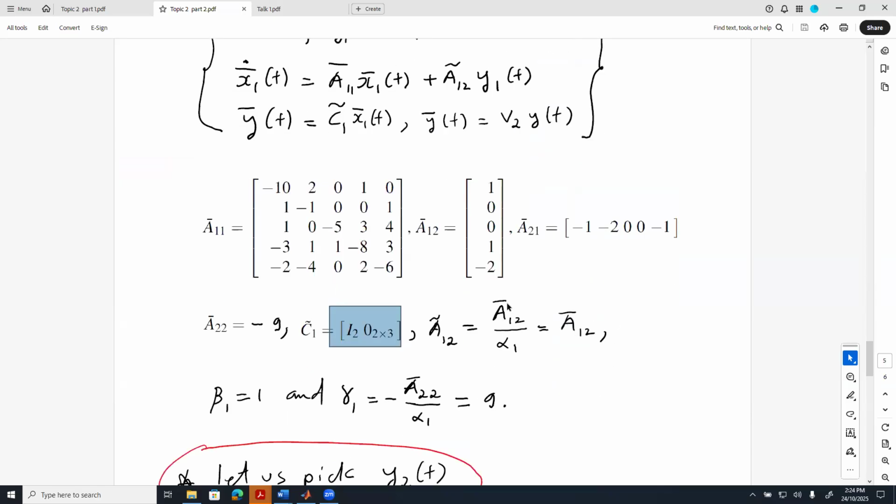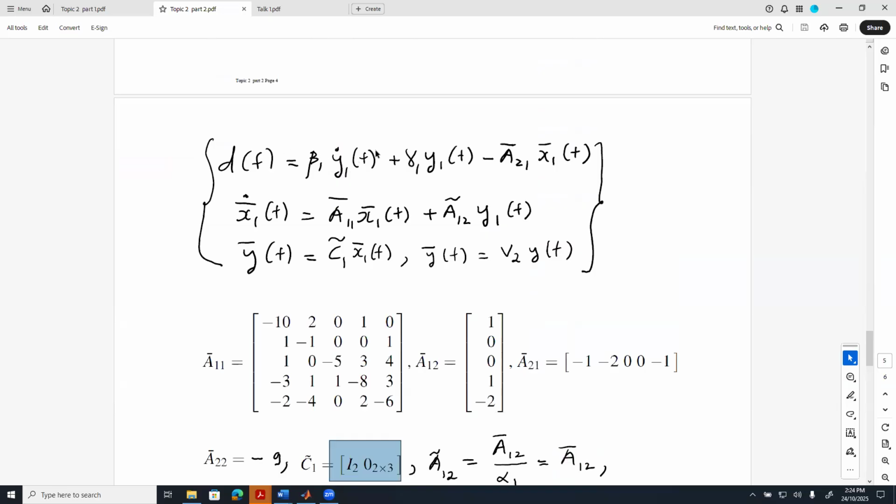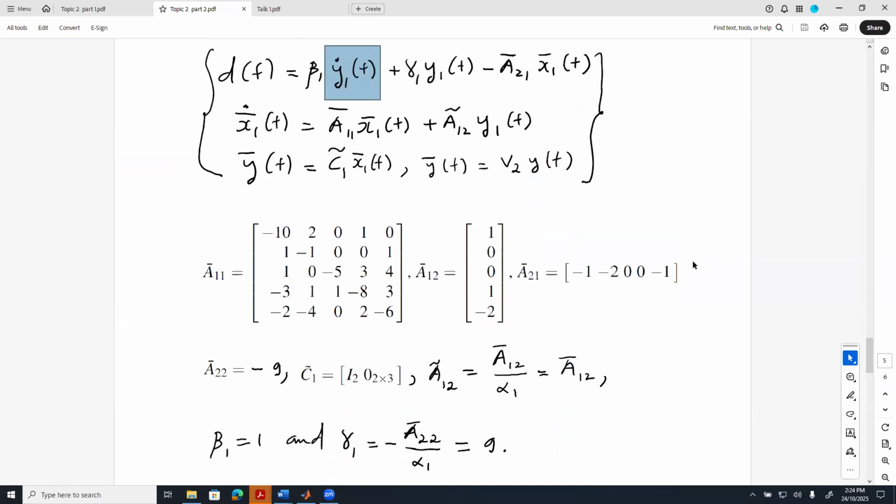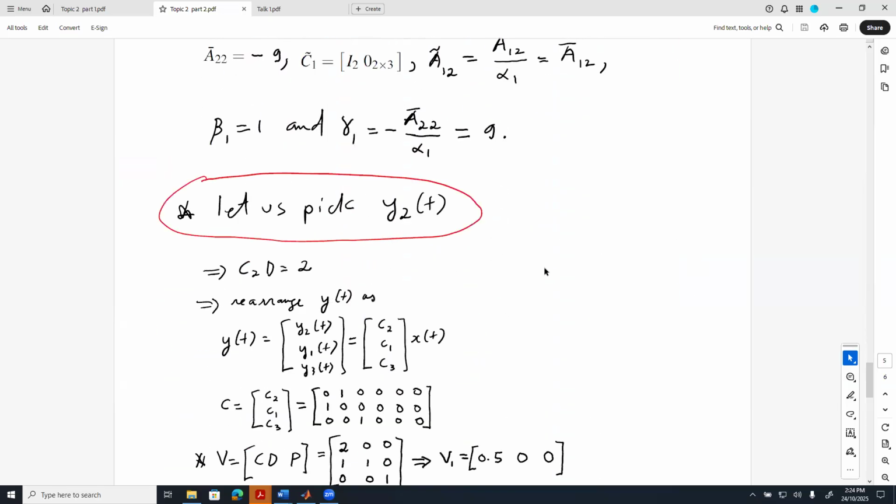So we got the decomposition, and it is in a very seamless form. Now, on the other hand, if we say that, okay, because we got two non-zero elements, and let's say for some practical reason, we need to use the first derivative of the second measurement, then that means that we're going to pick it.